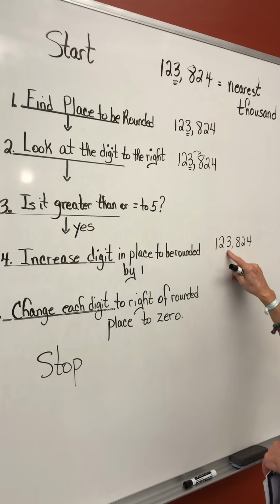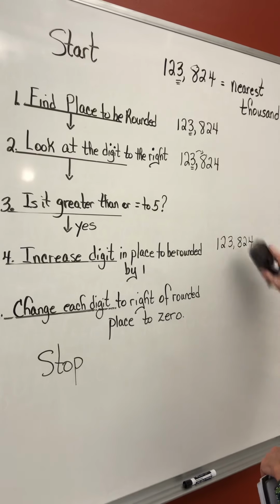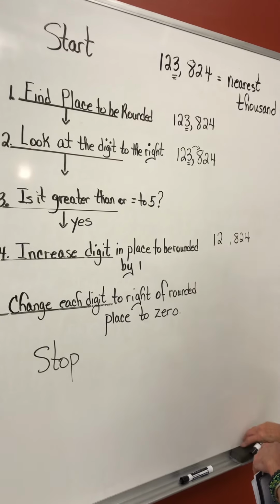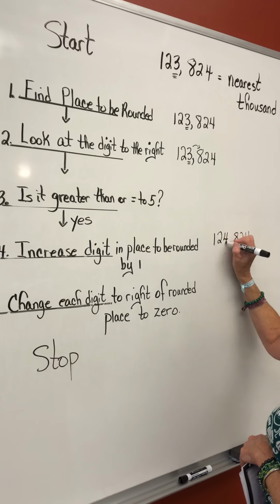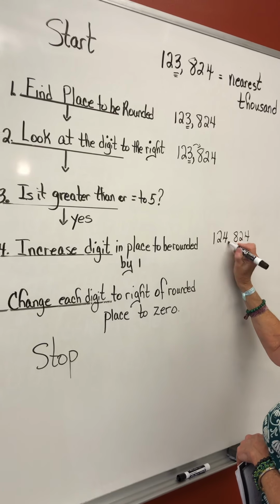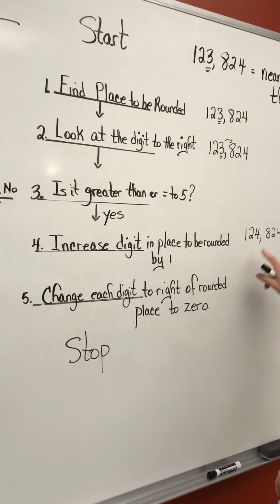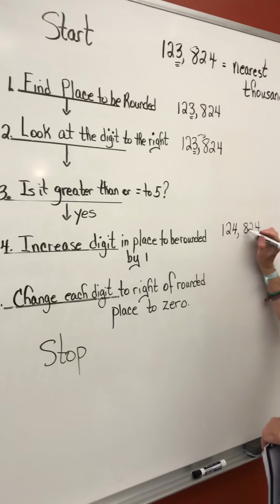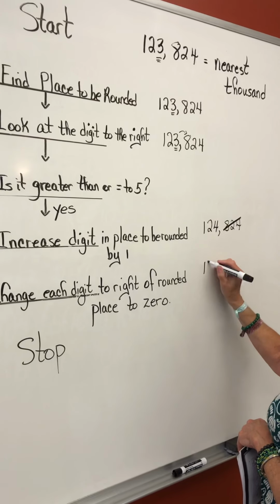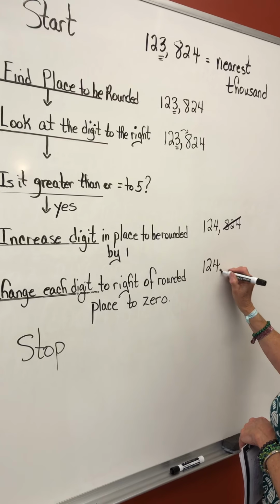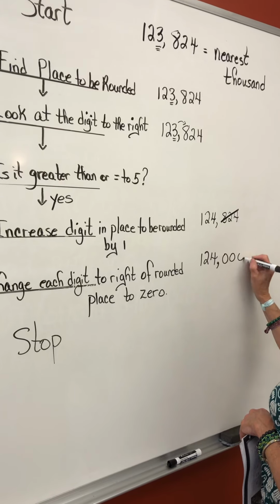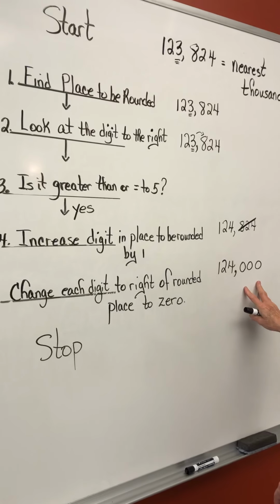So that means that 3 now is going to change to 4. All right? And change each digit to the right of the rounded place to 0. So I'm going to take all those away, and I am going to add zeros as their placeholders there. All right?